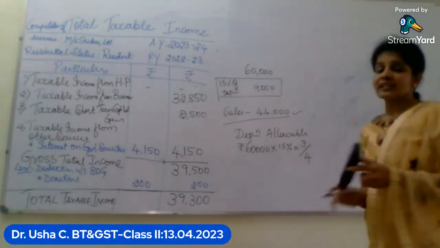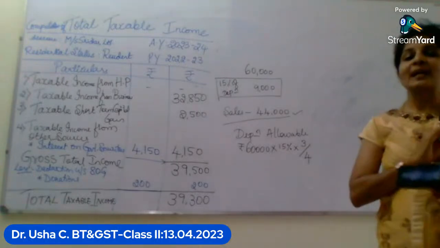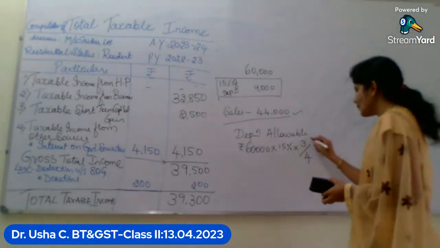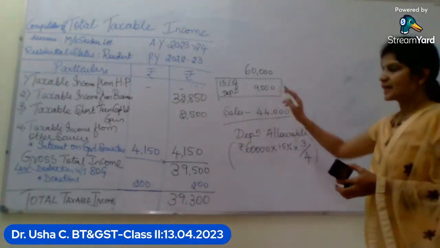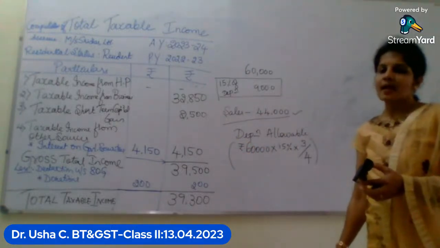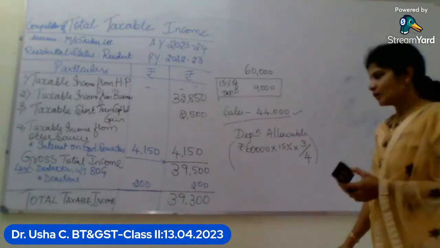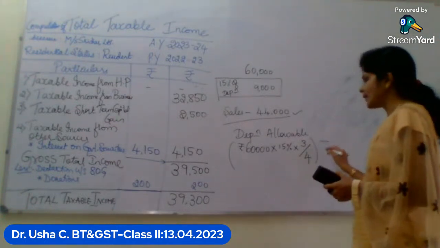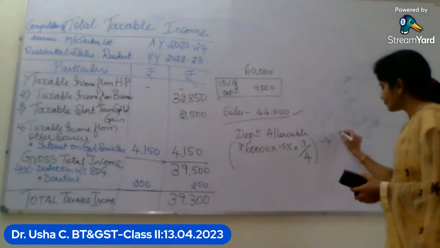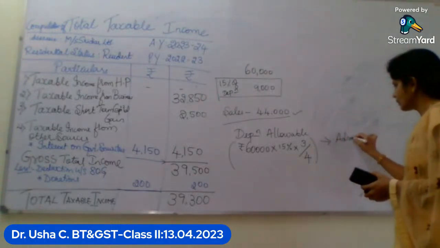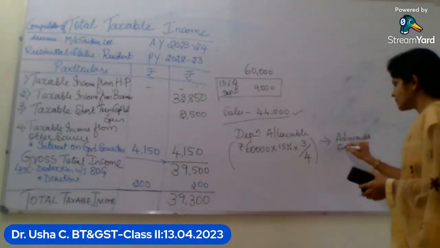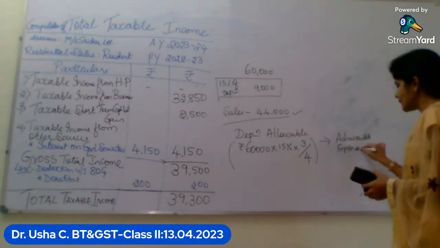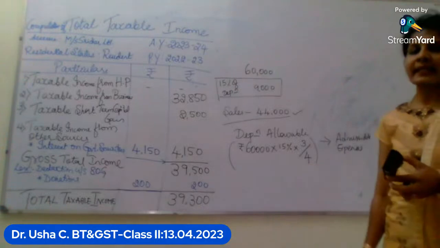Only 3/4 expenditure is allowed, but not completely, because 1/4 is used for personal purposes. Out of 9,000, only 3,000 is allowed. Got my point? So this amount will be taken as admissible expenses as per the Income Tax Act, and it will be deducted.